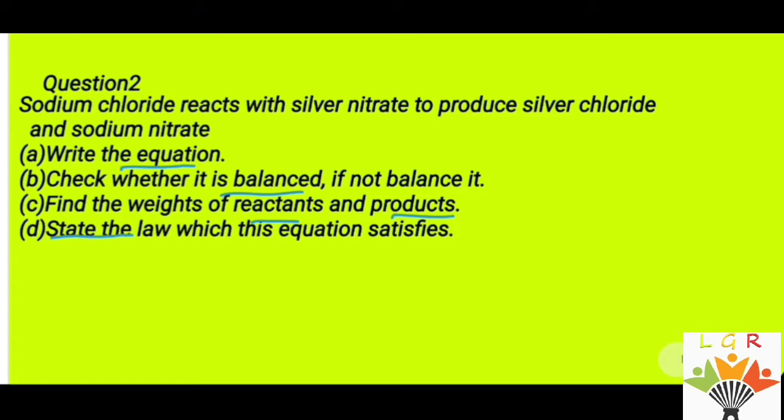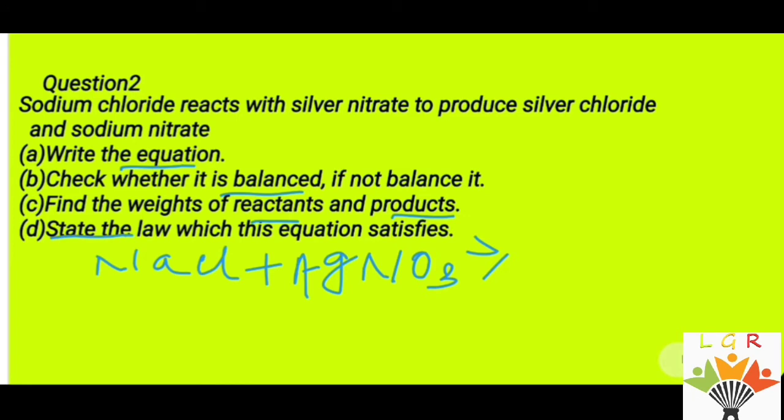So the first part is that you need to write the equation. What is the equation you can write? The equation is NaCl plus AgNO3 will give you AgCl plus NaNO3.